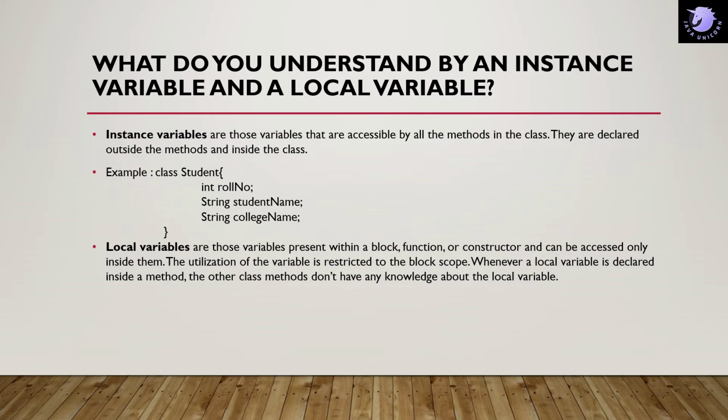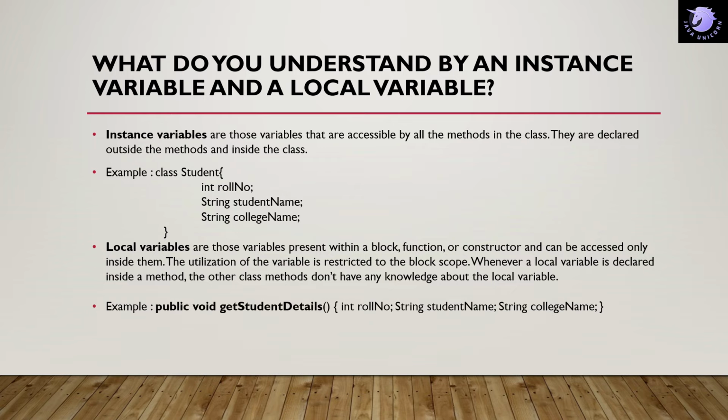If you define a variable inside a constructor, its scope is restricted to that constructor only. For example, if we have a method like getStudentDetails, and inside it we have roll number as an integer, student name as a string, and college name as a string, these variables are defined inside the getStudentDetails method only, so their scope is restricted to this method only.